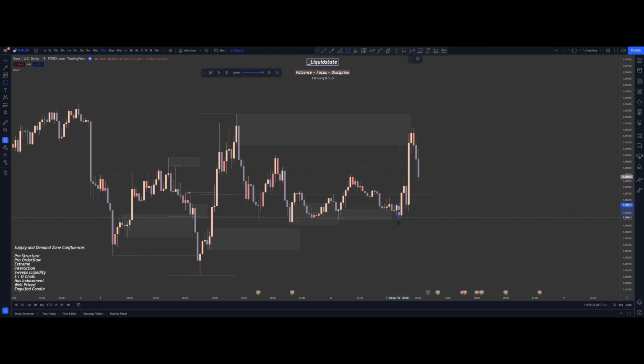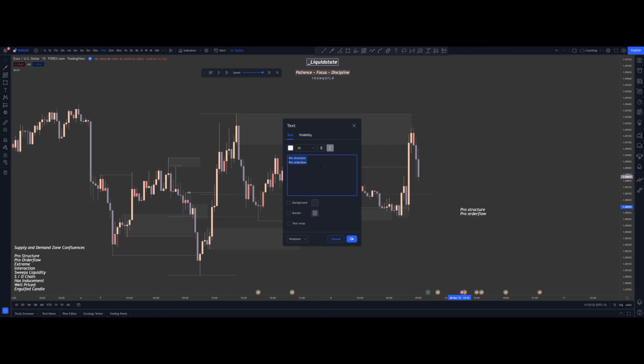Continue the demand chain. If we just look at the confluences for this zone, first up it's pro structure. You have to excuse my poor typing, but it's also pro order flow. It's not an extreme because we react off this supply here. It is a flip, so we come up and then we flip, pushing higher.